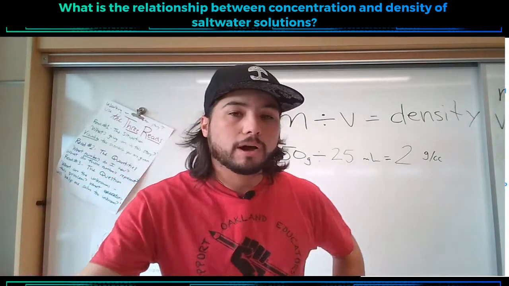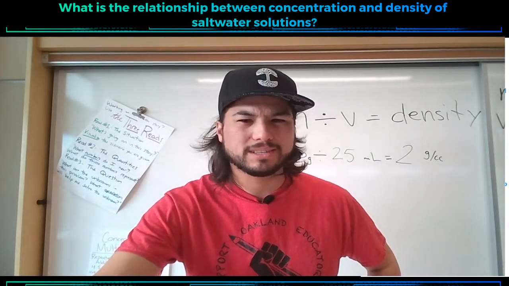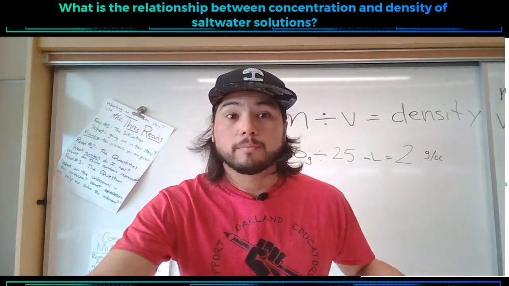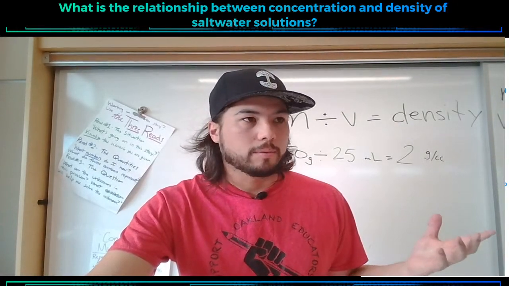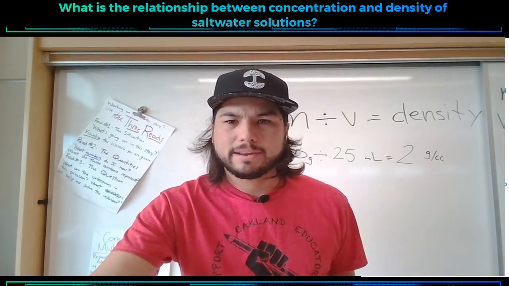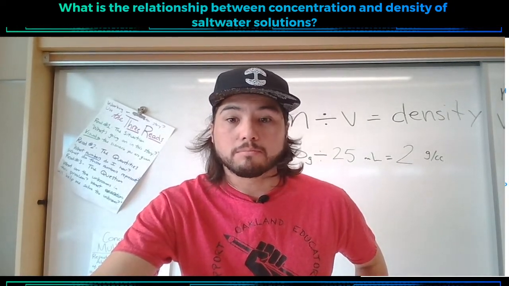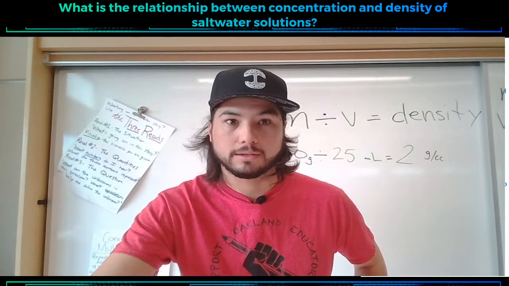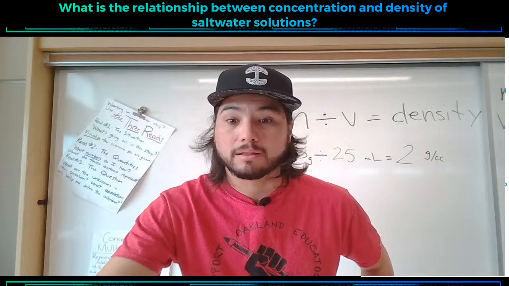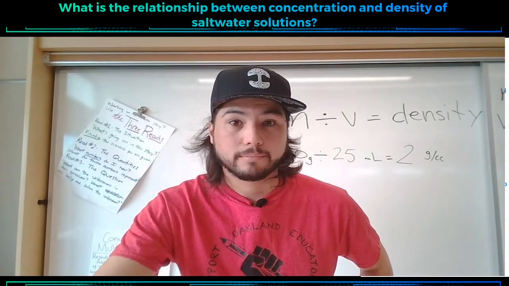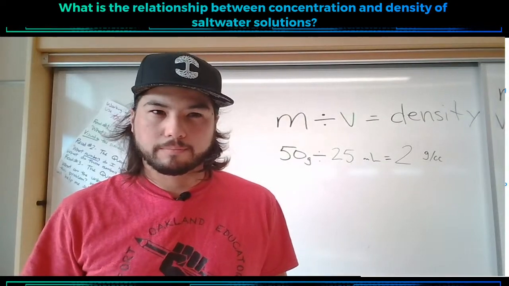Because the more mass something has, and the more dense something is, the more gravity is going to act upon it, and it's going to sink, right? Versus the less dense something is, it's going to float, okay?